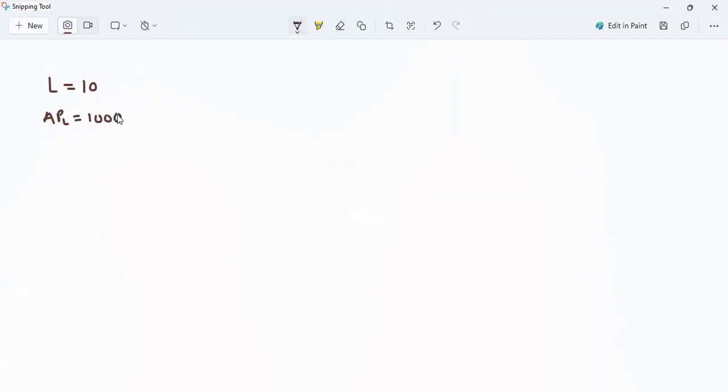Then further, we are told that we are considering hiring an additional worker. So when we hire them, that additional worker is going to give us 2,000 additional units.